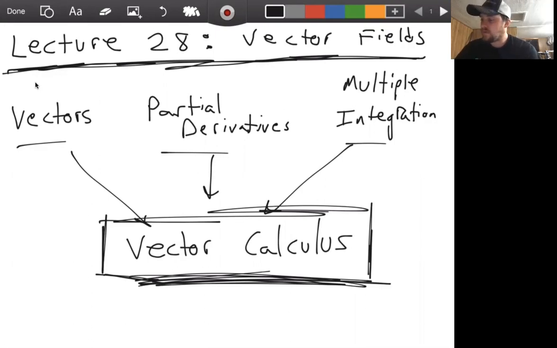And to do this, what we're going to start with talking about is vector fields. Vector fields are the foundation for which you build vector calculus off of. It's important that we really understand vector fields before we get into vector calculus, because a lot of the underlying math and structure is vectors, obviously.